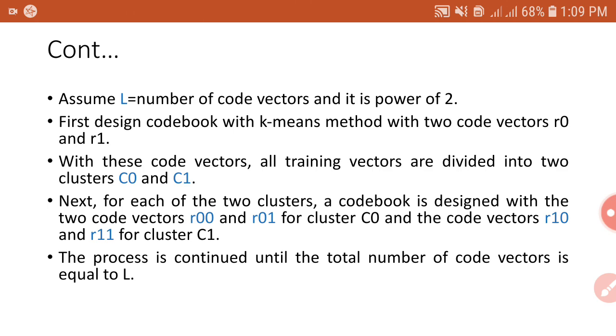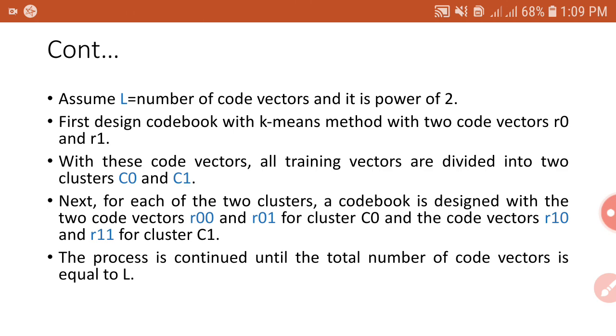Now for each of the two clusters C0 and C1, a codebook is designed with two code vectors: R00 and R01 for cluster C0, and R10 and R11 for cluster C1.